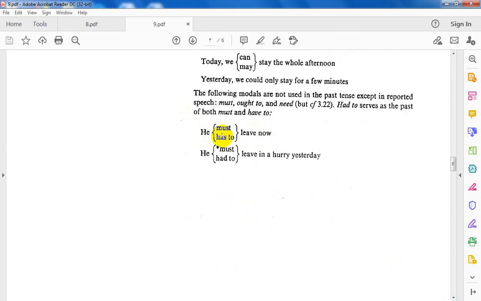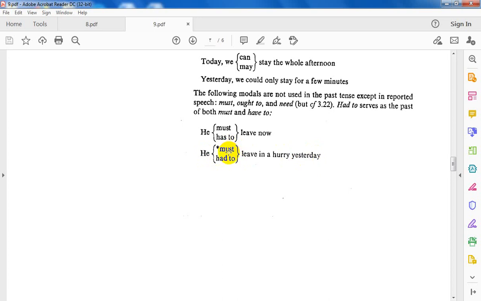If I want to make it past, using must in normal sentences in the past is not okay, not grammatical. So this sentence is not grammatical because the sentence is in the past, so I cannot use must in the past.